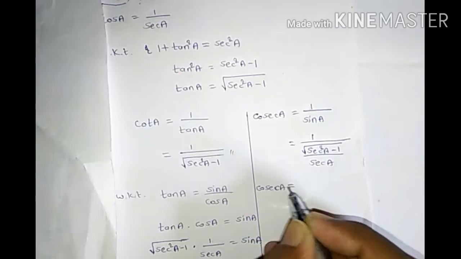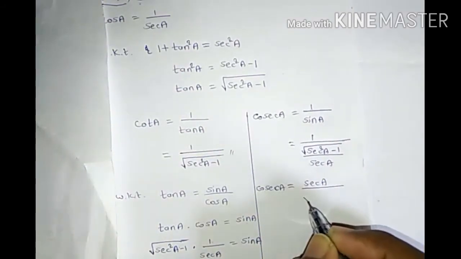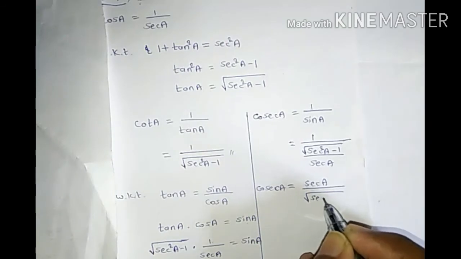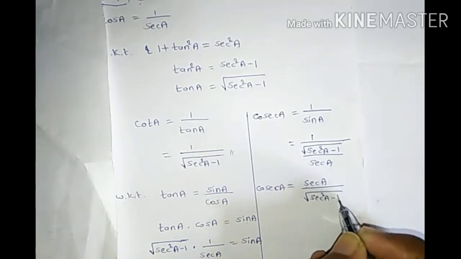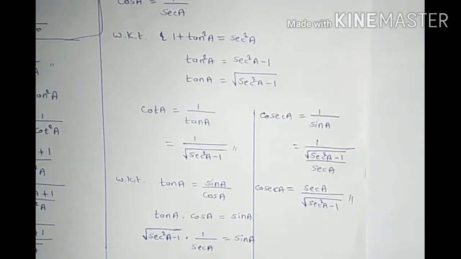Cosec A equal to sec A divided by square root of sec square A minus 1. Now the second problem is completed.